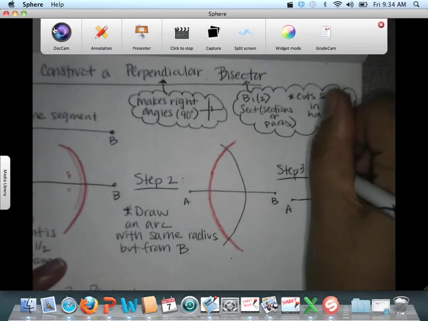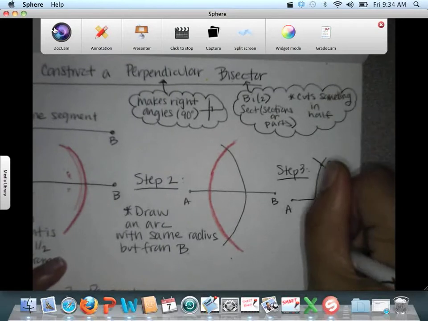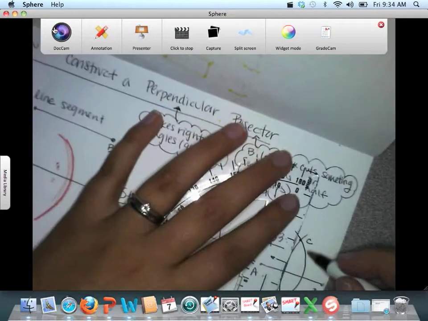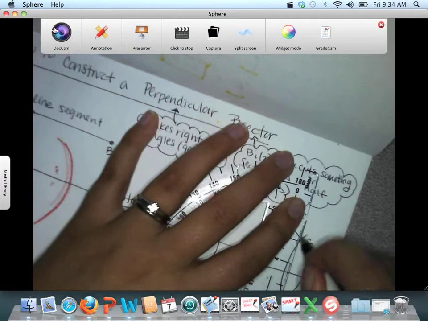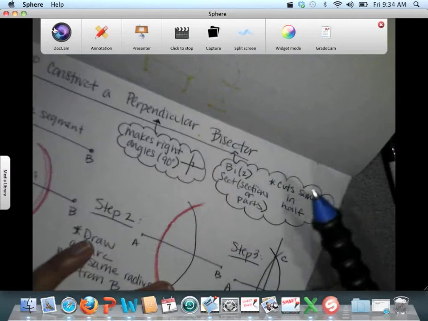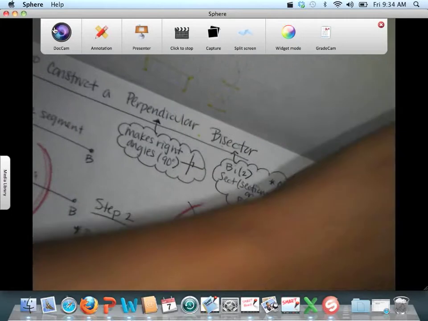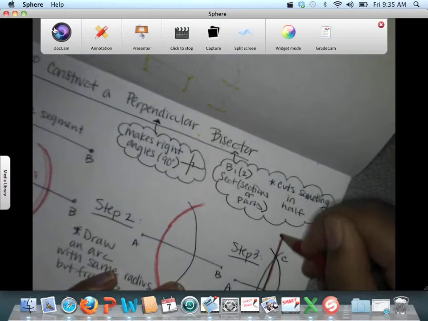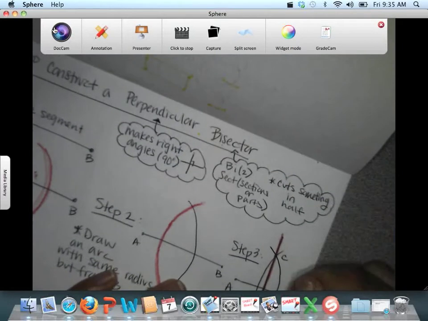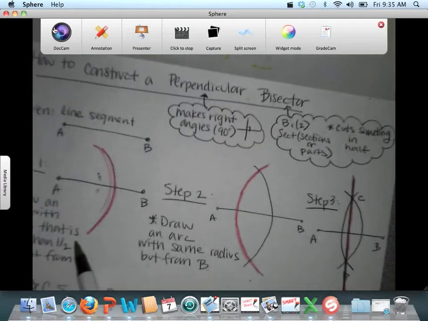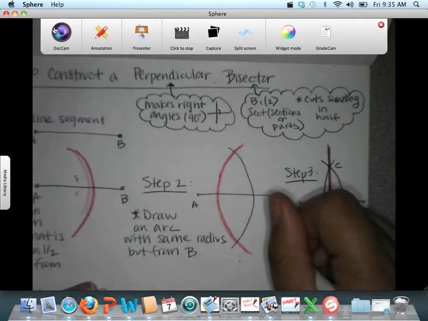Let's just call these C and D, and all you do is take your straight edge, line it up with C and D, and draw a line. I'm going to make my line red with my colored pencil so I can really see step 3. And there you go. So arc, another arc, and then connect the intersection points.